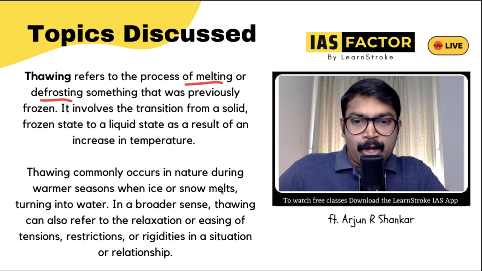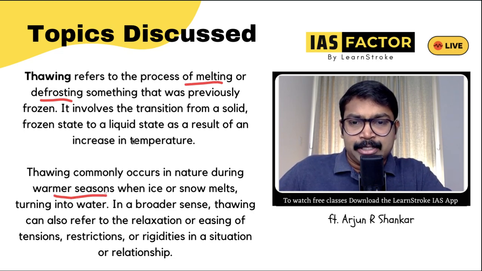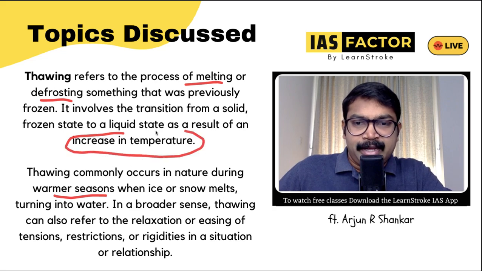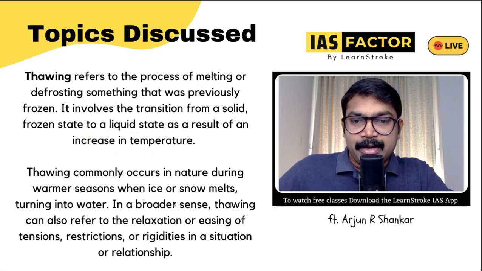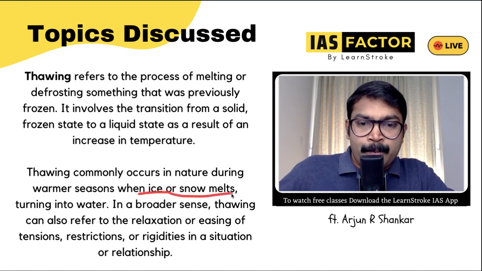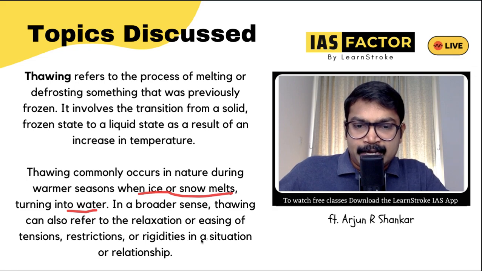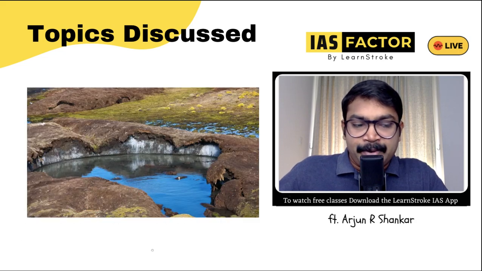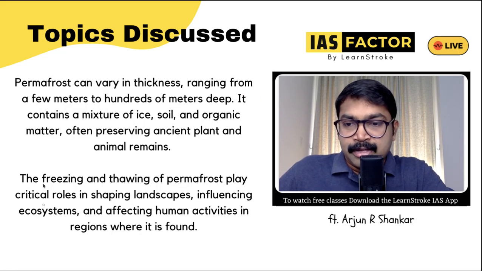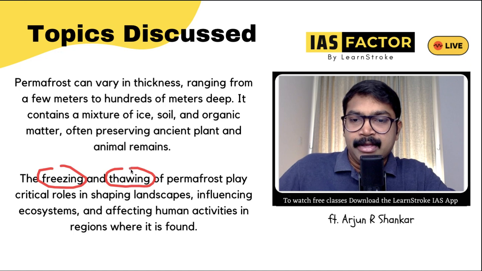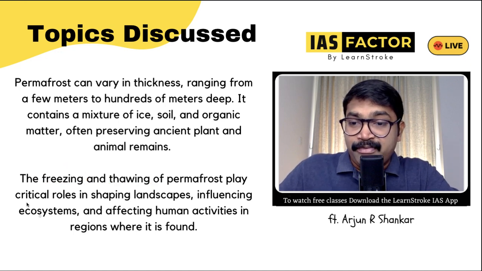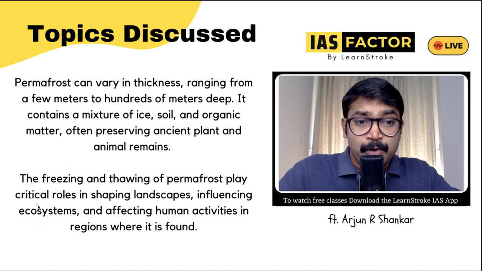Thawing commonly occurs in nature during warmer seasons. When the temperature increases, defrosting can happen, when ice or snow melts, turning into water. In a broader sense, thawing can refer to the relaxation or easing of tension or restriction. So the freezing and thawing we discussed in the previous slide, meaning defrosting or melting, can affect the ecosystem in different manners. That is what we have to discuss here.